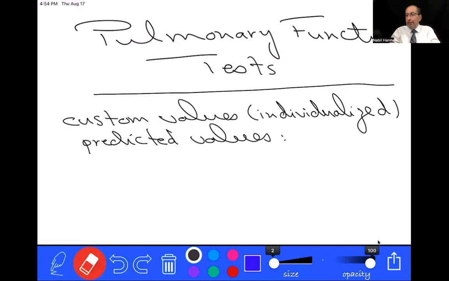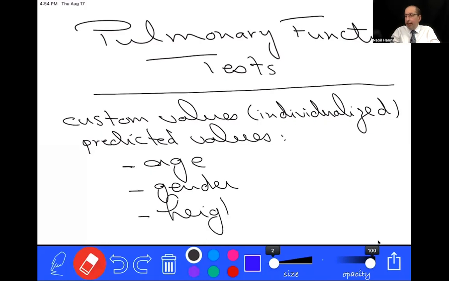Based on your what? Based on your age, based on your gender, based on your height. Okay? So based on your age, gender, and height, you will have your normal values.